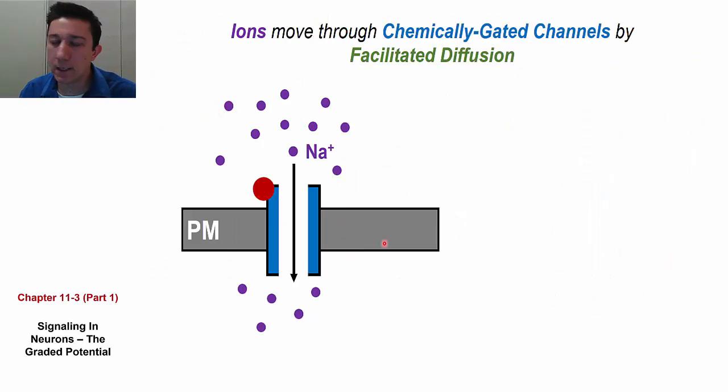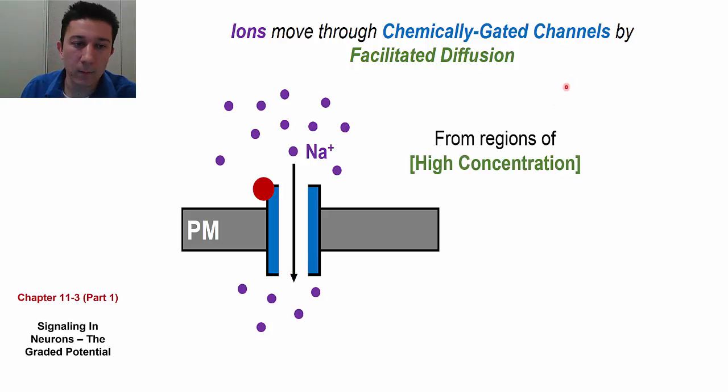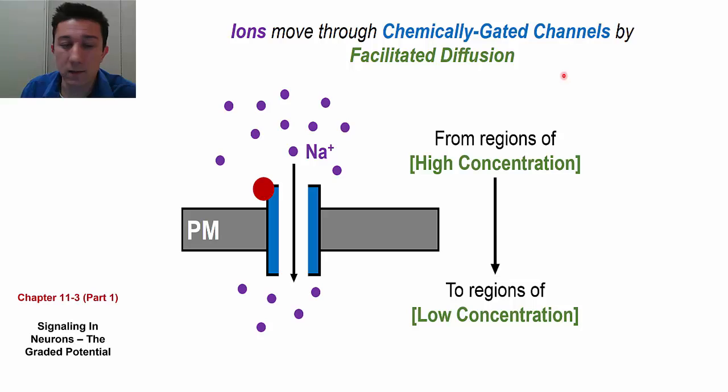So chemically gated channels, neurotransmitter receptors, are channels that substances will move through by facilitated diffusion. So remember, facilitated diffusion requires a doorway through the plasma membrane. Because it's still diffusion, we're going to get substances moving from a region of high concentration to a region of low concentration.